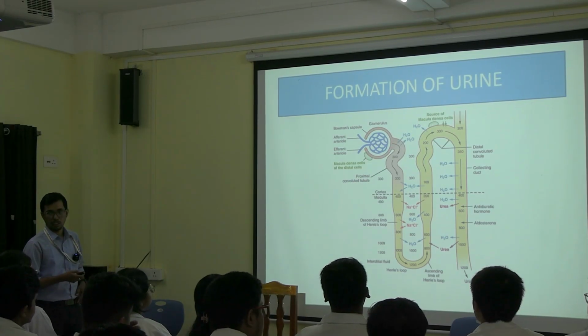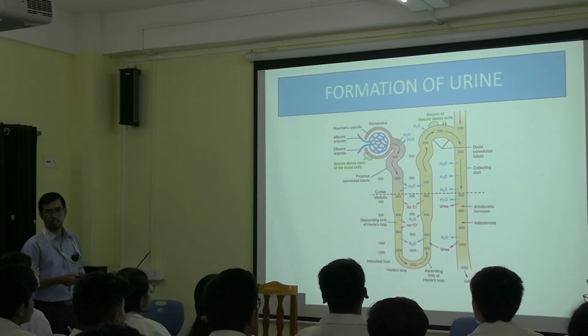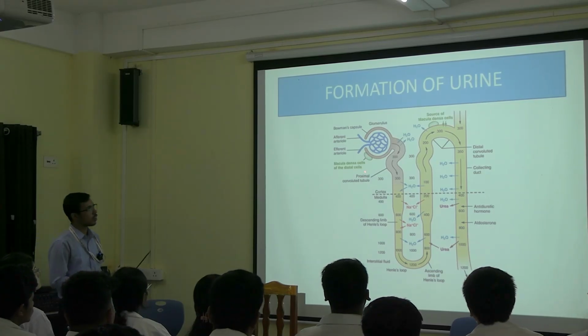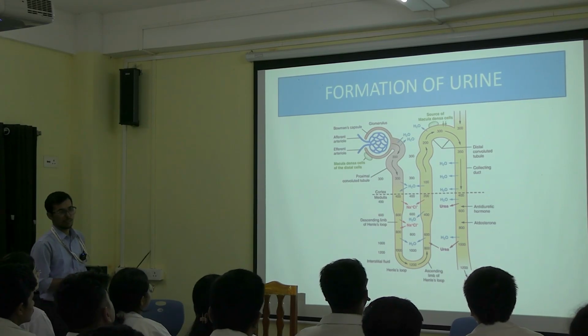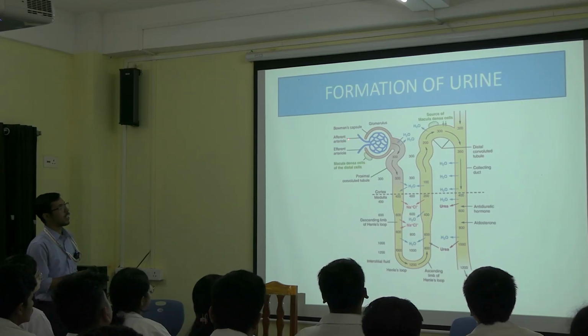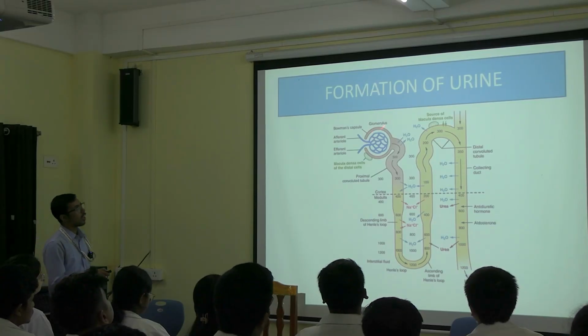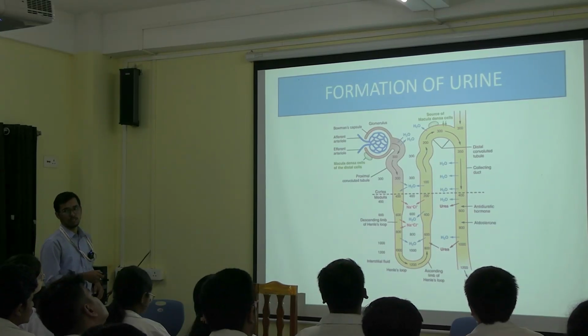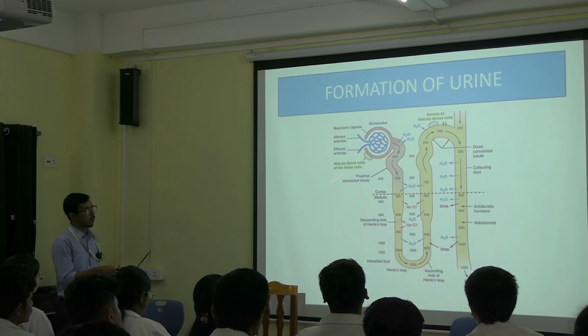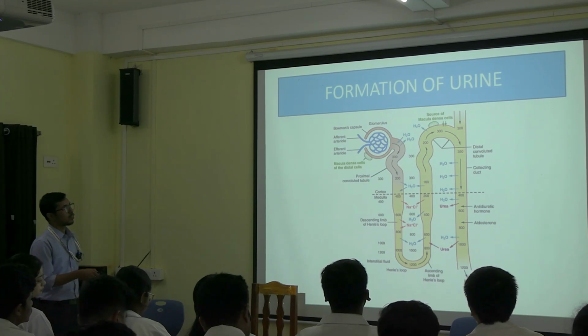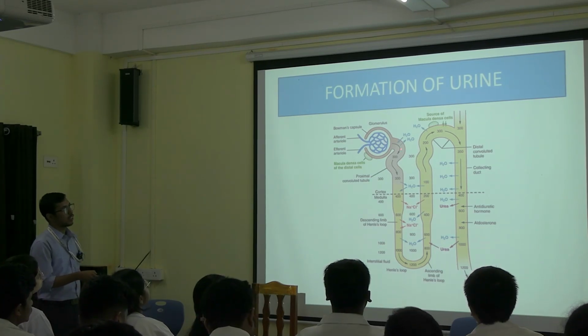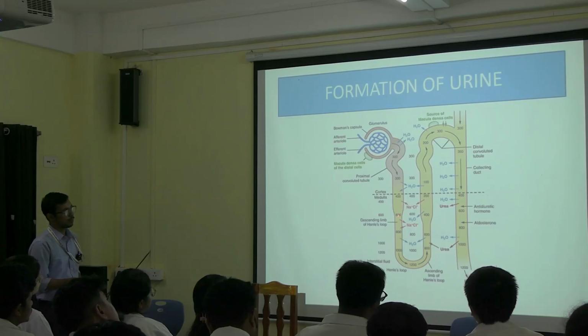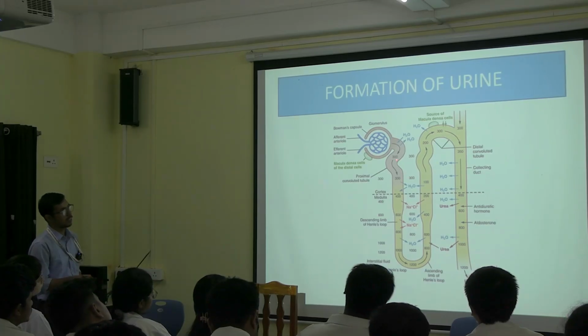So what is this structure? Nephron. And this part is, okay, via the afferent arteriole the blood will come, then here ultrafiltration will take place by podocytes, and through the efferent arteriole the blood will move out. So after ultrafiltration, the solute will come this way. This is PCT.